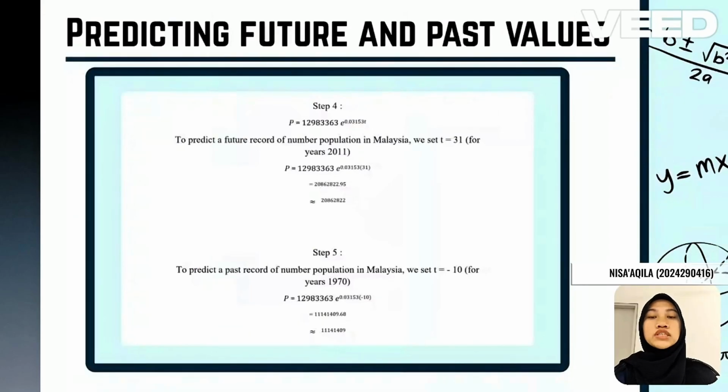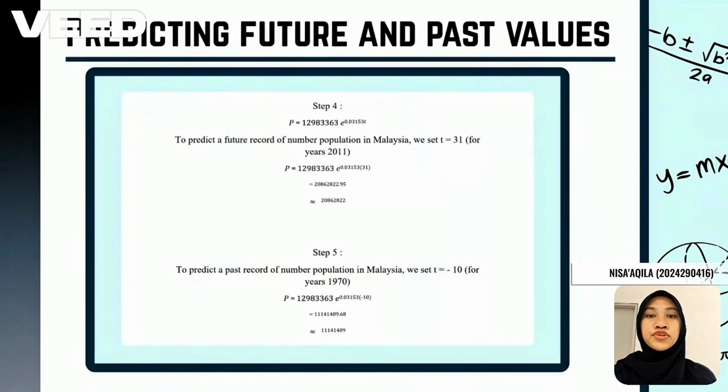Hence, we'll further our discussion by looking at how we use the particular solution to predict the future and the past value. In this step, we will predict the population at 2011, which is at the value of t equal to 31. We insert the value of t equal to 31 into our particular solution, and we obtain the predicted value to be 20,862,822.